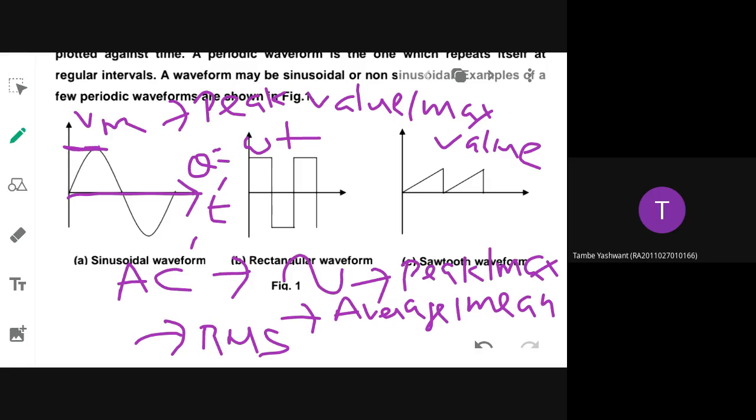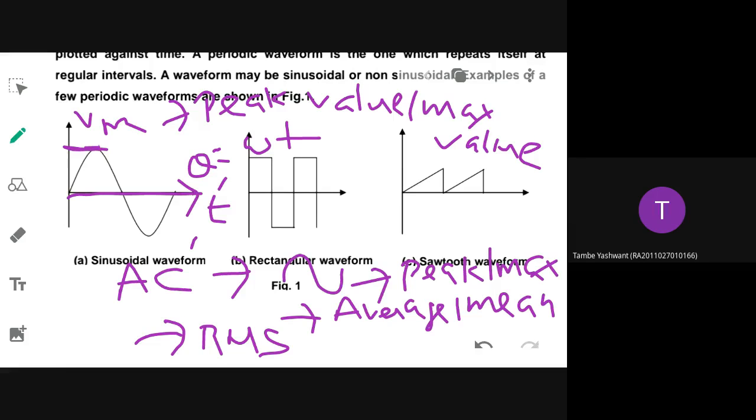So let us discuss how to derive average and RMS value for given sinusoidal shapes. You have understood this concept of what is an alternating waveform, what are the various ways in which you can represent an alternating waveform, how you can differentiate different types of waveforms, and what is the meaning of periodic waveform, sinusoidal waveform and non-sinusoidal waveform.